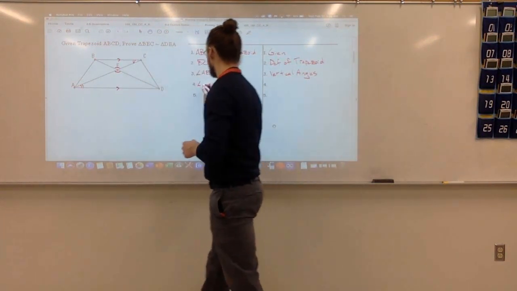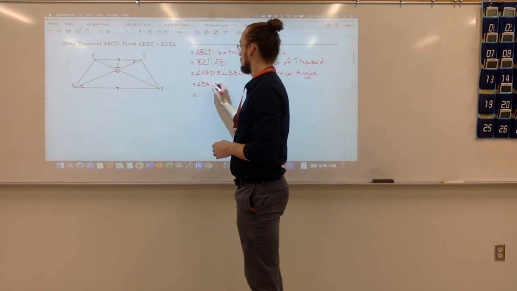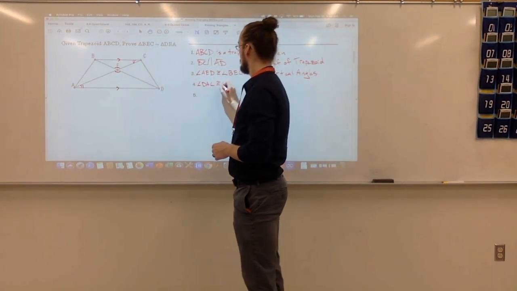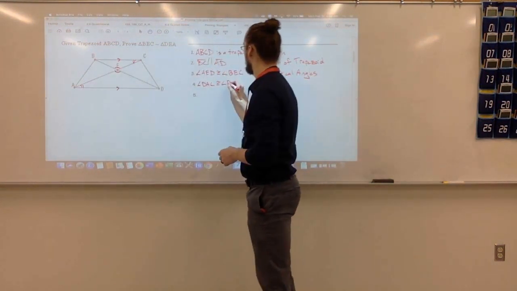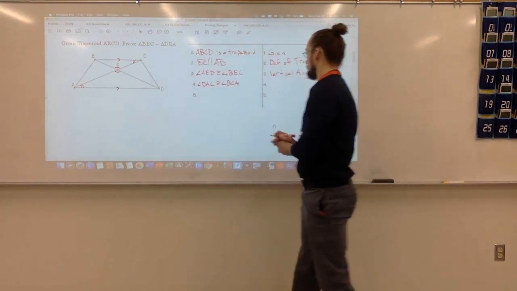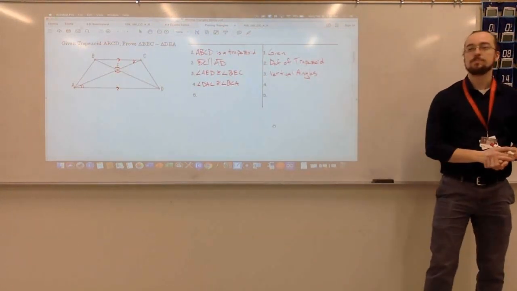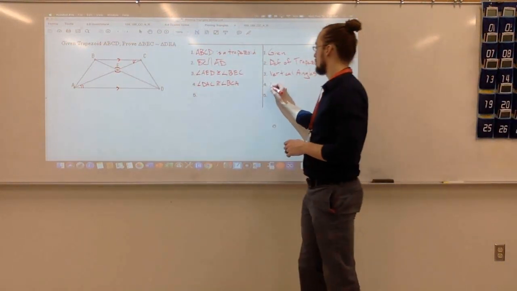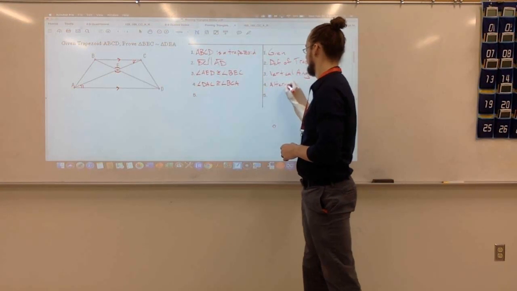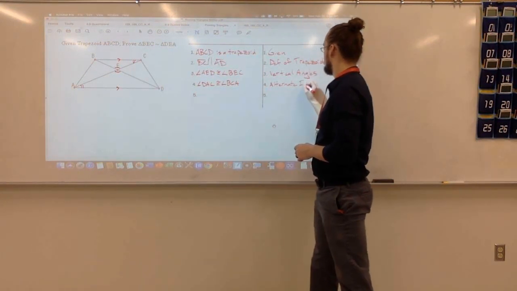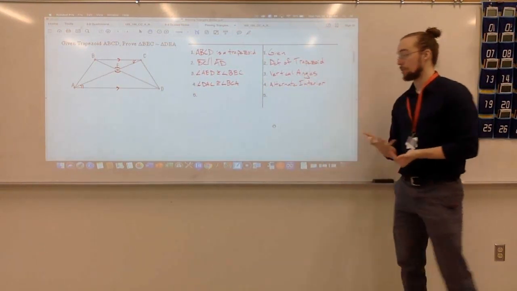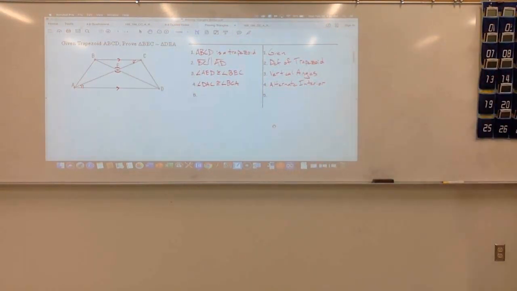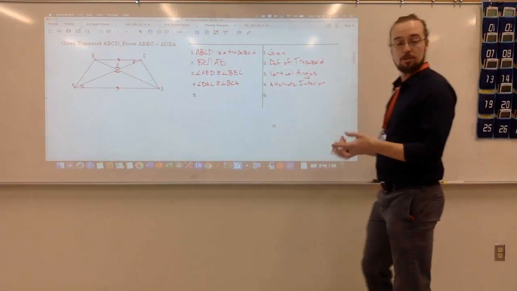So angle BAC is congruent to angle BCA. What would our reasoning be for that? Alternate interior. So now we've got two pairs of angles congruent. I can now claim that these two triangles are similar.